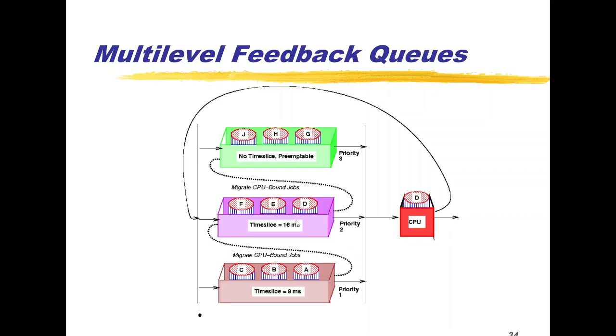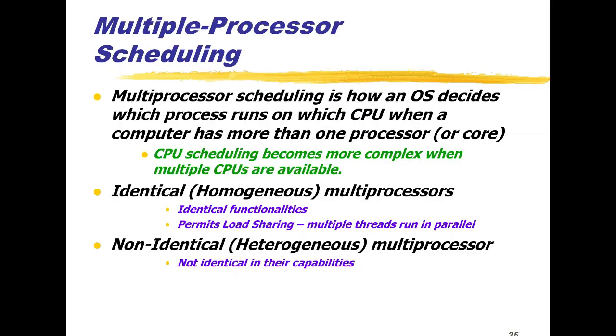Now, after 16 milliseconds, if it still does not finish, it will be moved again to where there is no time slice. So it can spend its entire time running with first come, first serve here. Though it could still be preemptible, even at priority 3. But now it has no time slot at all, so you could execute it completely to the end. So that is what we call multi-level feedback queues.